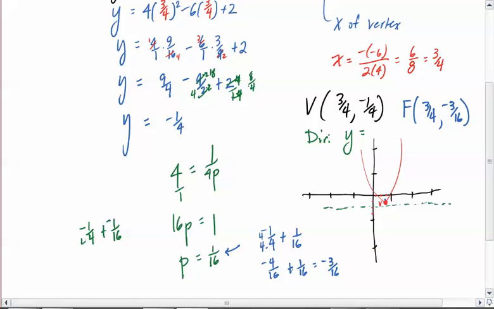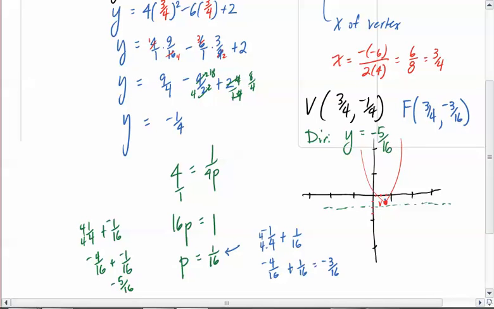This is going to be 4 and 4, so that's -4/16 plus -1/16, and that's -5/16. So the equation of my directrix is y is equal to -5/16.